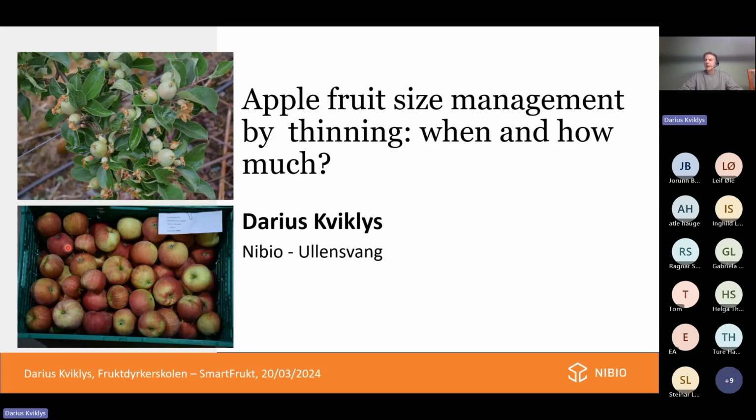And tonight I will talk about how we can regulate fruit size by thinning, and what impact the number of fruits left on the tree has on apple fruit size, or what effect thinning time has. Is there a different effect on fruit size if we thin earlier during the flowering time, or if we leave thinning until after June drop?